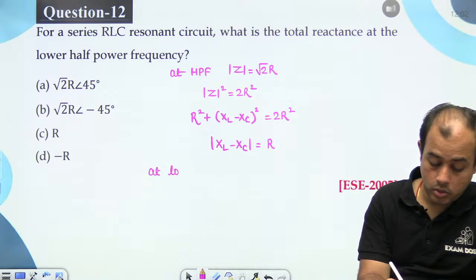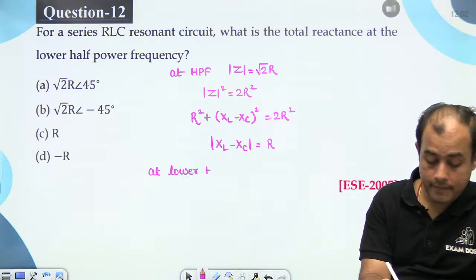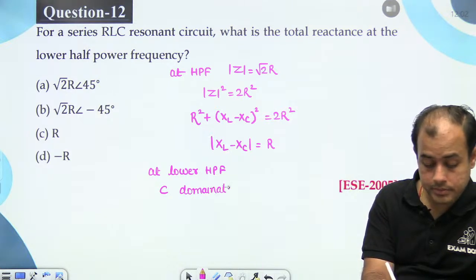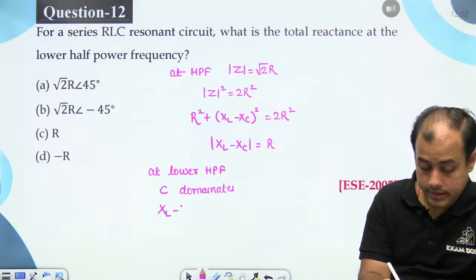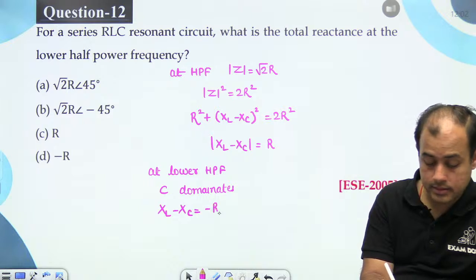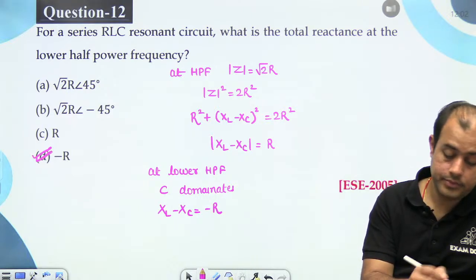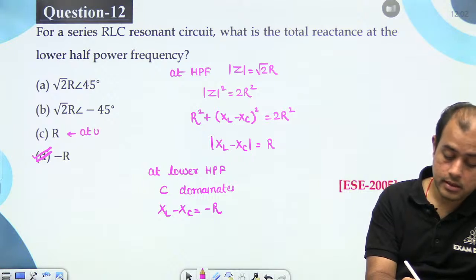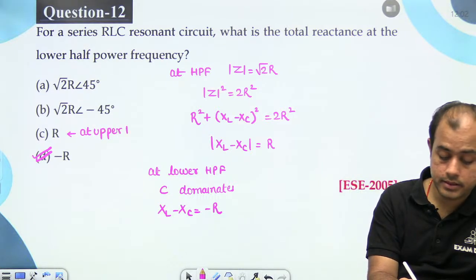So at lower half power frequency, capacitor dominates. XL minus XC is minus R. So answer is D. ठीक है, ये कब आएगा? At upper half power frequency.